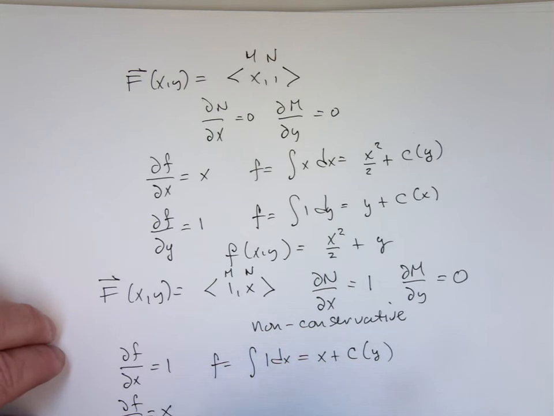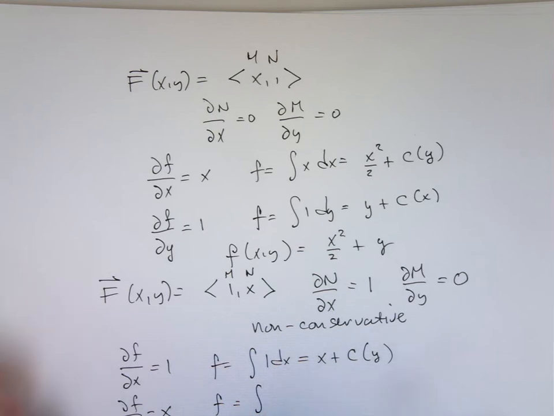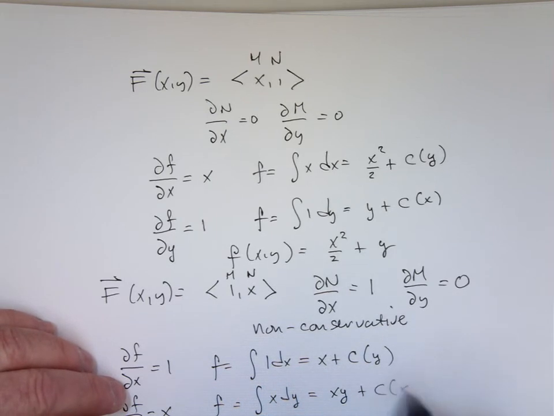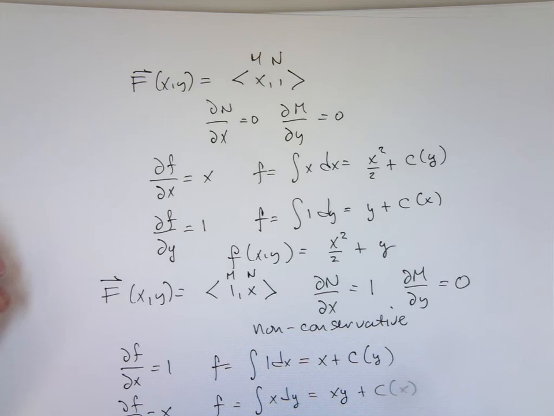Therefore, our function would be equal to the integral of x dy, which is xy plus a constant with respect to x. You cannot reconcile the two. You cannot come up with a single function of x and y that meets both requirements. There is no function. And you may say, well, what about x plus xy?